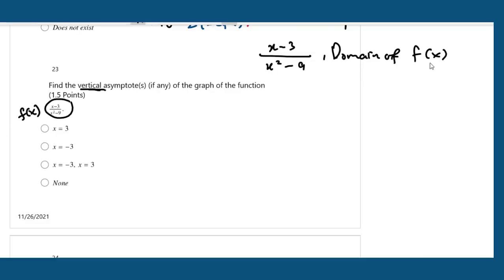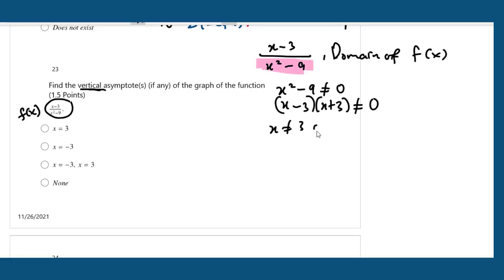For the ratio, everything below must not equal 0. So x squared minus 9 is not equal to 0, which means (x minus 3)(x plus 3) is not equal to 0. So x is not equal to 3 and x is not equal to negative 3.